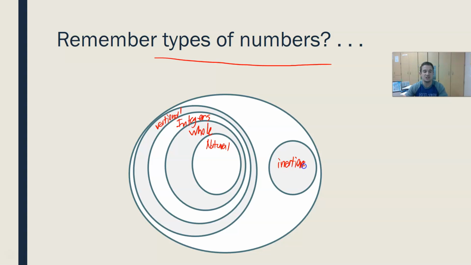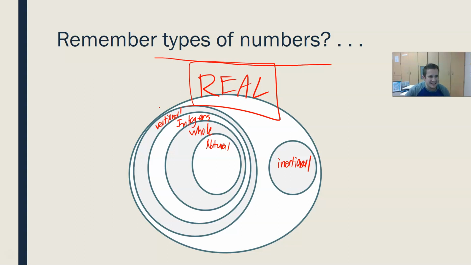They were all considered real numbers. So we had numbers that could be written as fractions. I had negative numbers. I had decimals that never ended. Those kinds of numbers. All of those numbers were in one of these categories, and we called them real numbers.